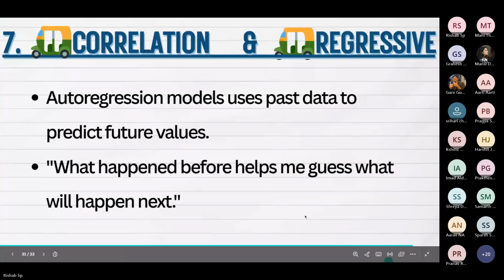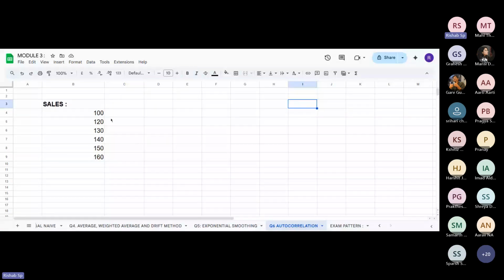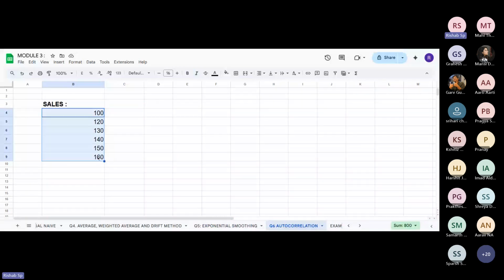So here I'll present my Excel. Here we have sales, for autocorrelation. There is a term named lags. So what we'll do is keep a lag of 1.